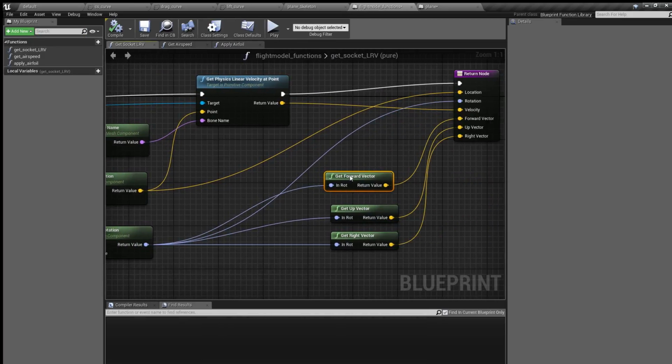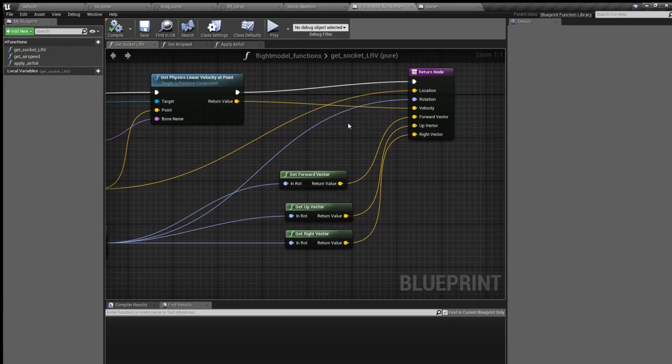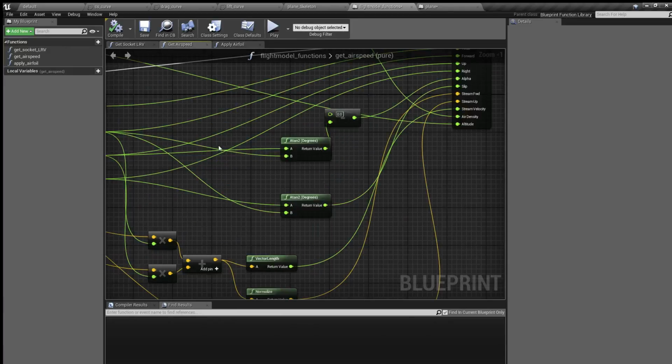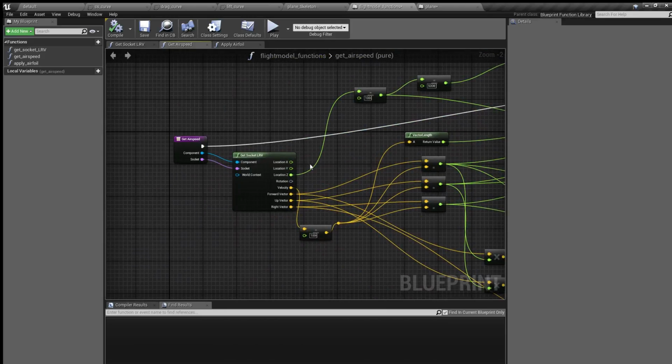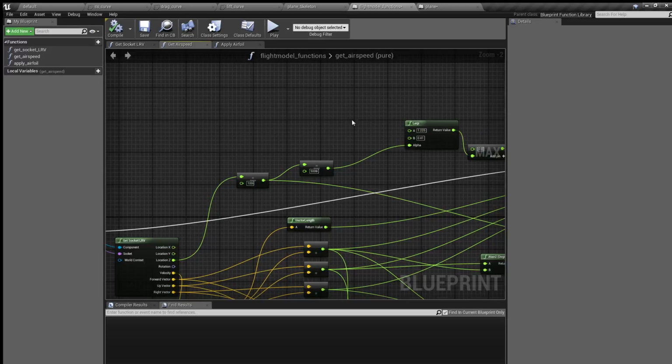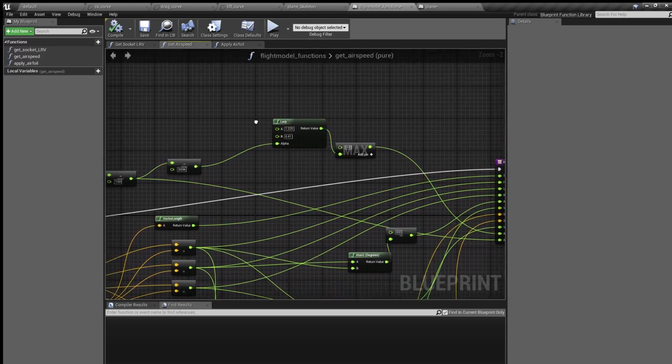Okay, so after calculating these three vectors, I'm moving on to the next part of the blueprint, which actually calculates velocity related to air. Now, in my simulation there is no wind. However, I do have air pressure changing with altitude.